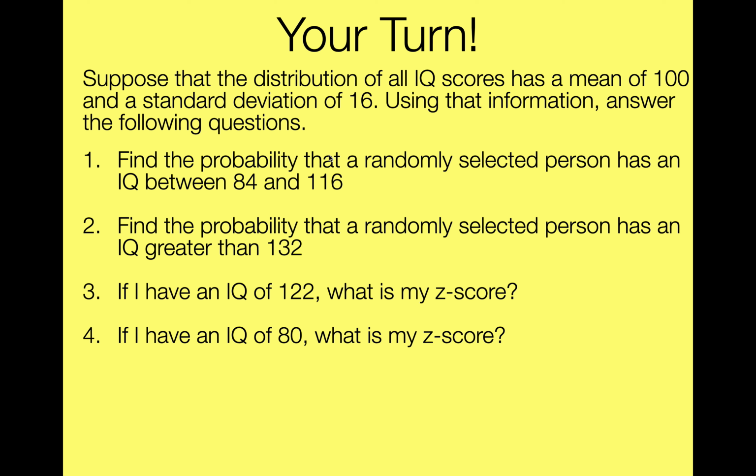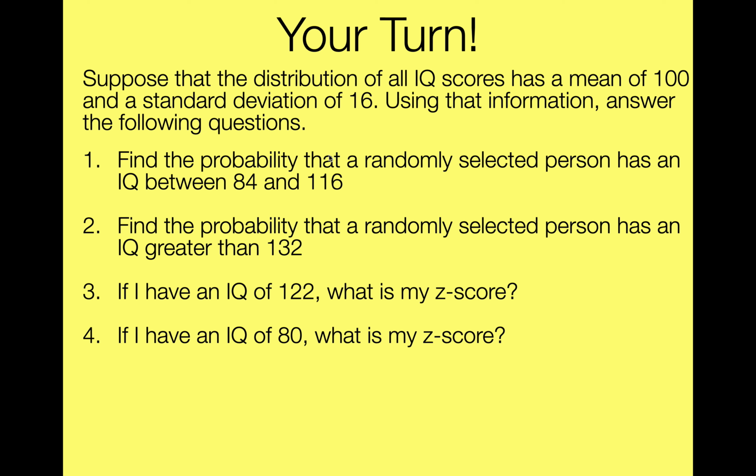For instance, I'll answer number 1 for you. Find the probability that a randomly selected person has an IQ between 84 and 116. Those two numbers turn out to be plus and minus 1 standard deviation away from the mean, and it turns out that IQ scores have a bell-shaped distribution.